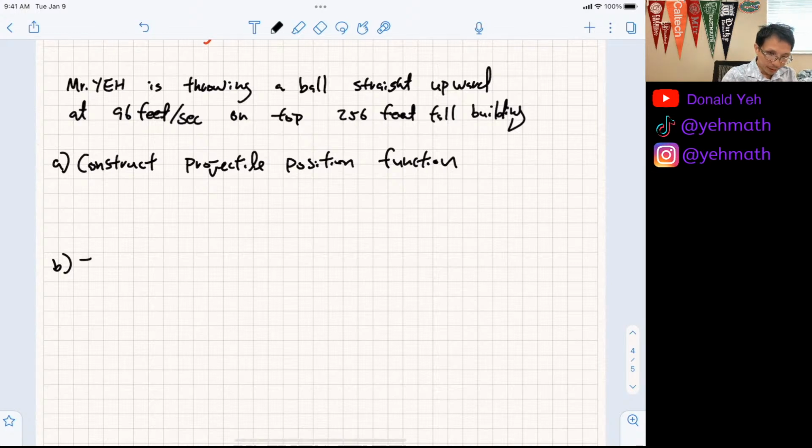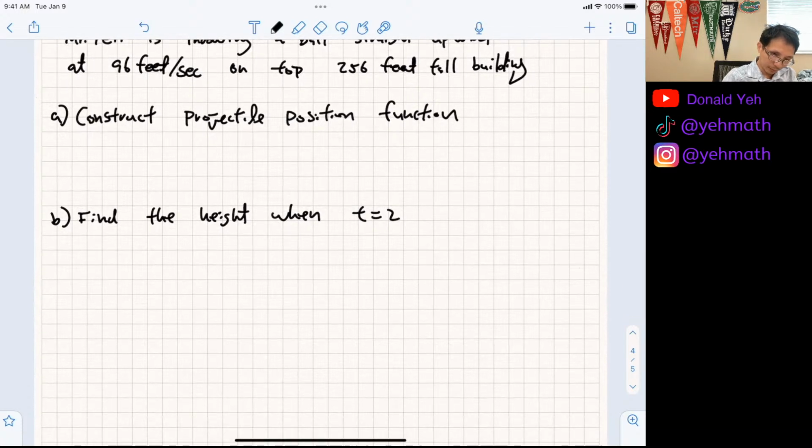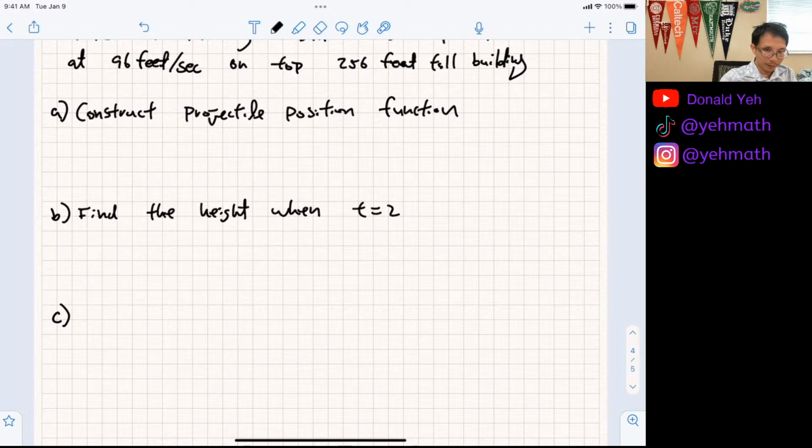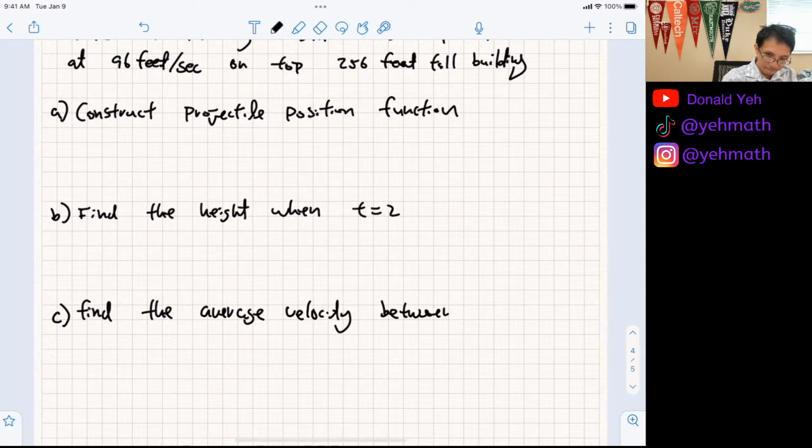B, can you find the height when t equals 2? C, can you find the average velocity between t equals 2 and t equals 4?